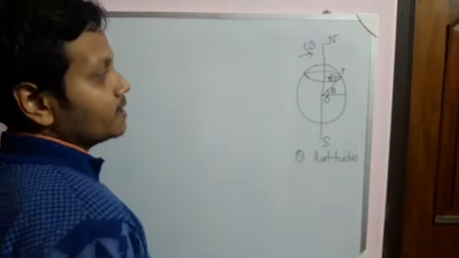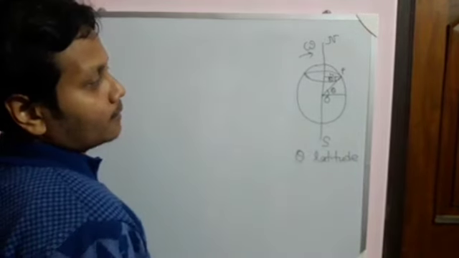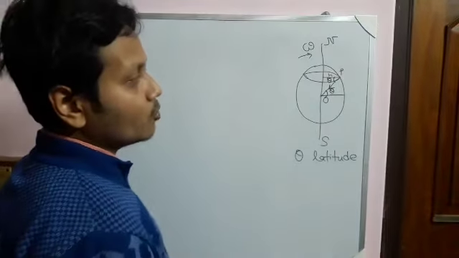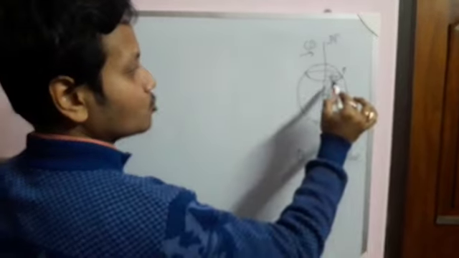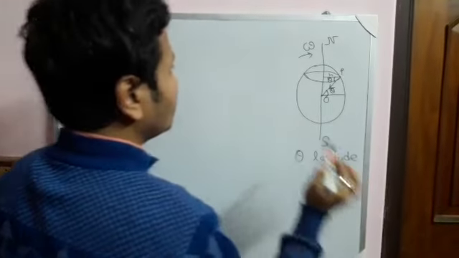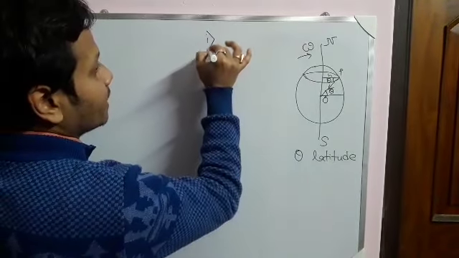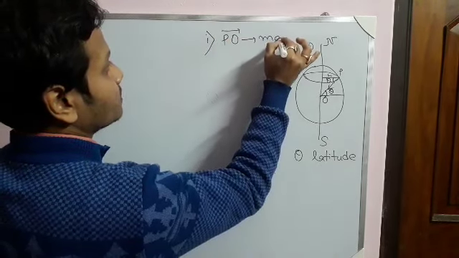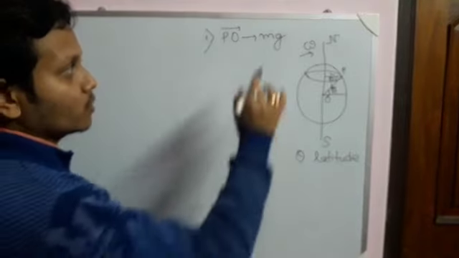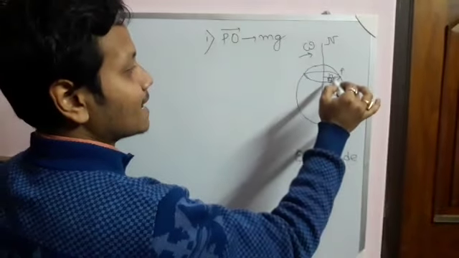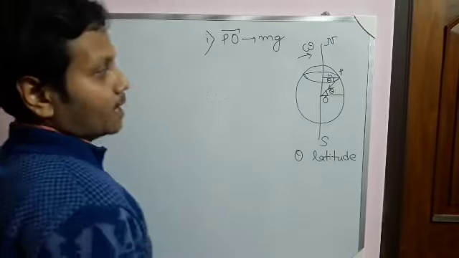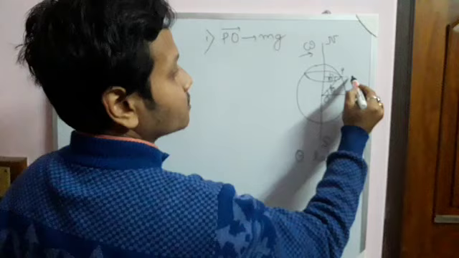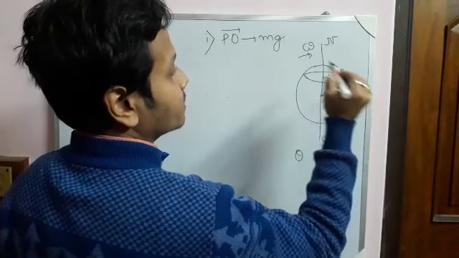Now if you see the picture, it is clear that there is a force towards the center. First of all, that force acts along PO, and this is nothing but the weight. If m is the mass of the object, then its weight is mg. So mg acts along PO, and since it is a circular motion, another force acts in this direction.